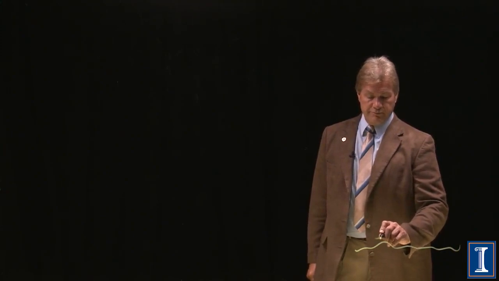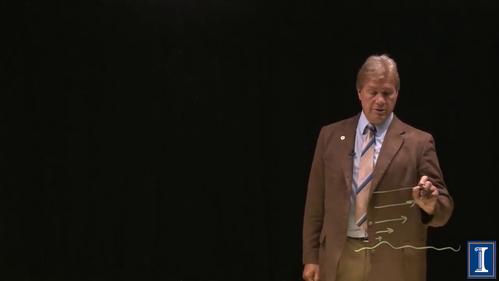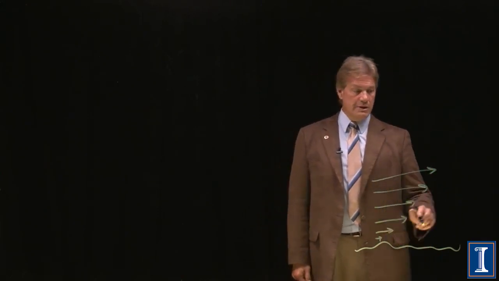So here's the ground. And the wind along the ground doesn't move really at all. You go up a little higher, the wind moves faster, faster, faster. Good thing. We want our windmill to have a fast speed.